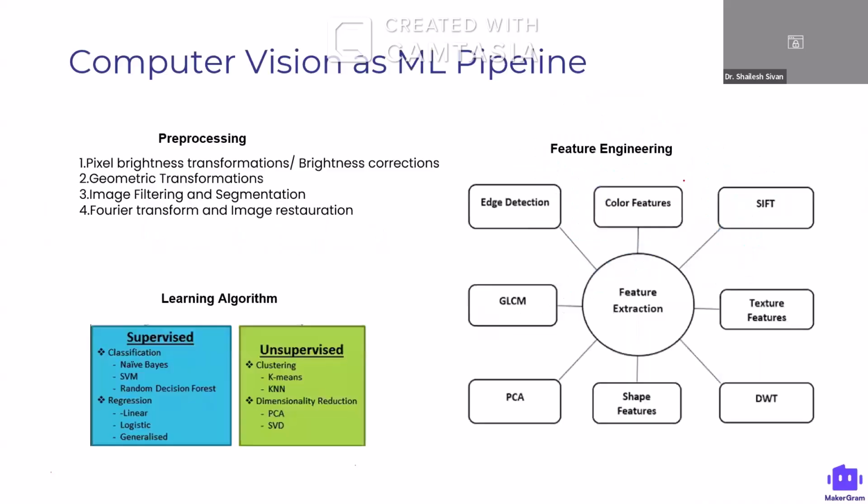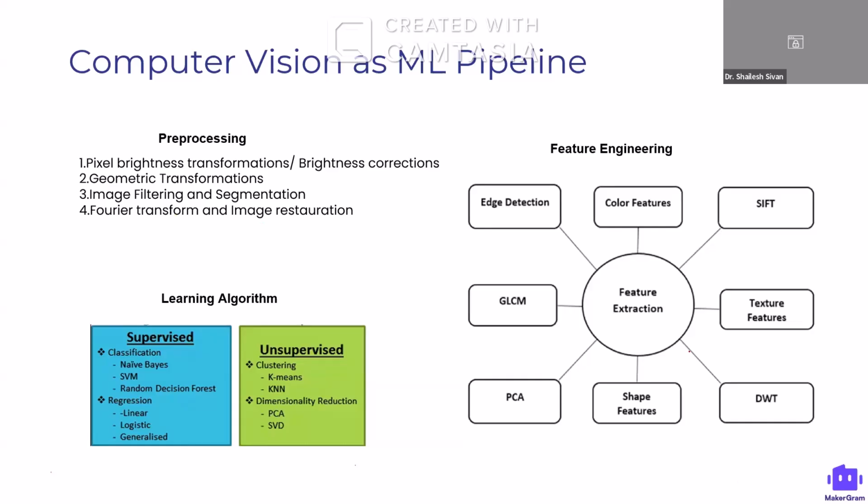And how it usually works: computer vision usually works by combining image processing techniques along with machine learning or deep learning. As we know, the input will be there. Then we have to do a lot of pre-processing with image processing, like brightness transformation, geometric transformation, filtering, segmentation, and Fourier transform kind of pre-processing techniques.